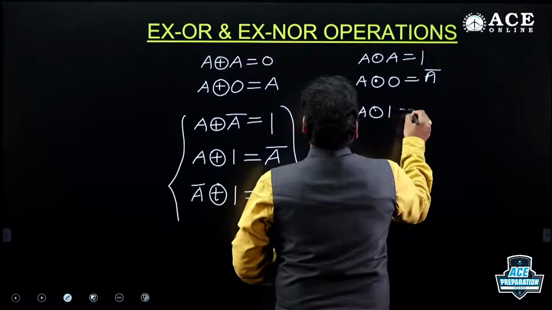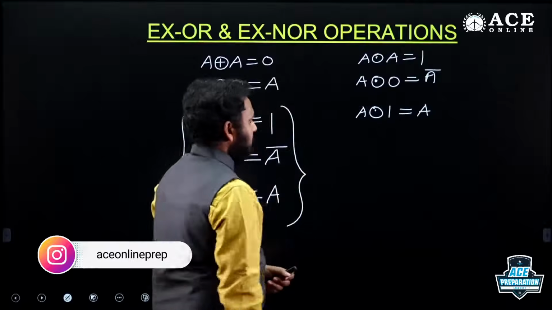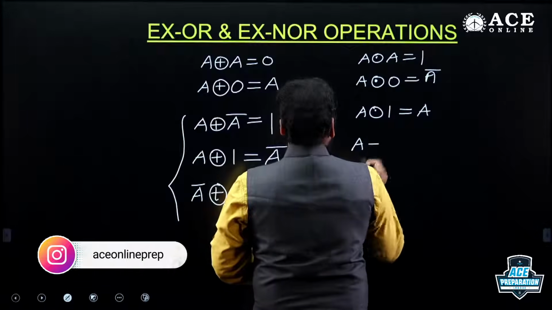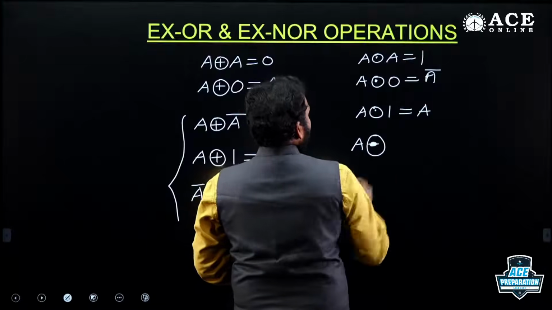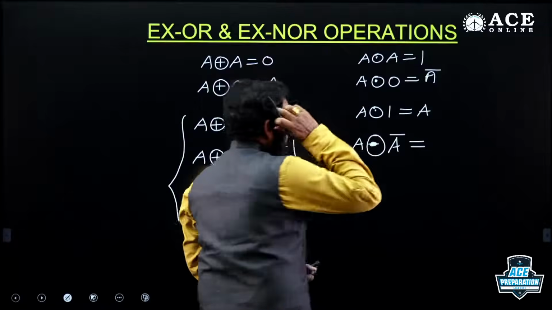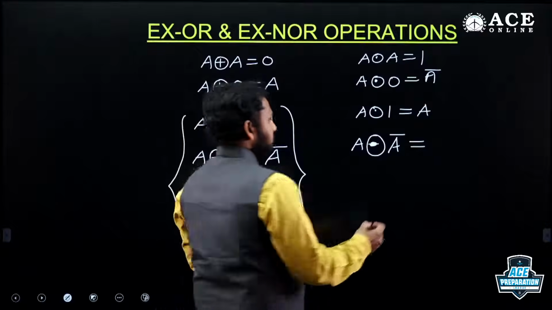A XNOR 1 is equals to A, one input is 1, acting as buffer. If inputs are complemented to each other, A XNOR A bar, not same, output is 0.